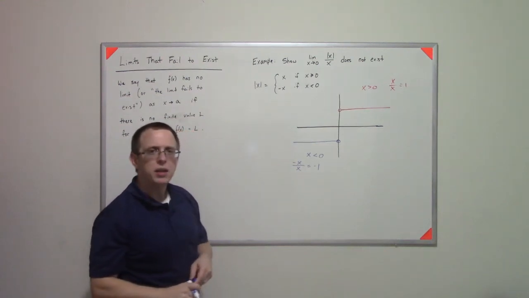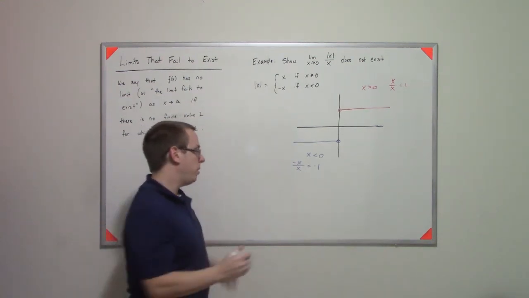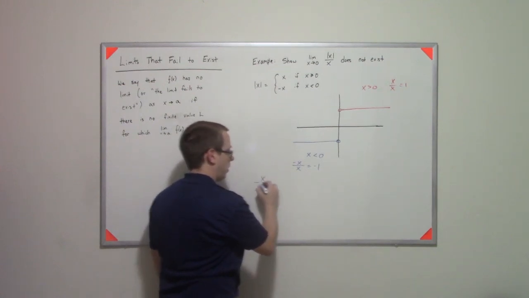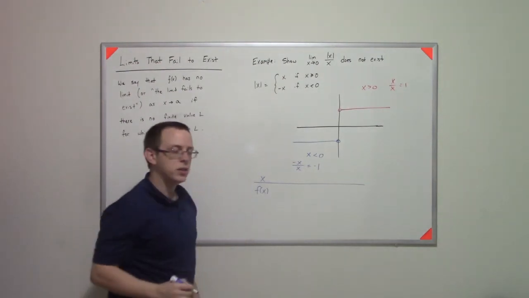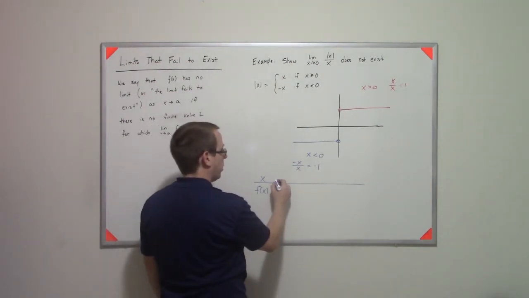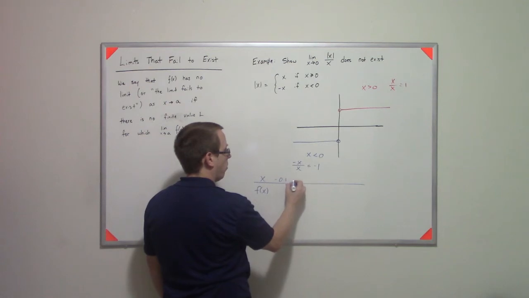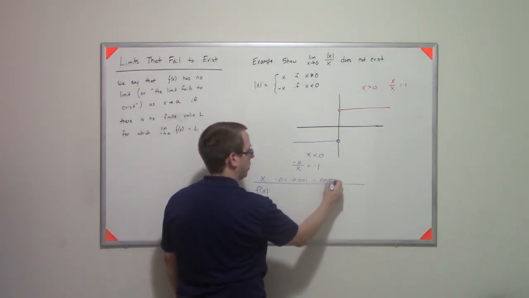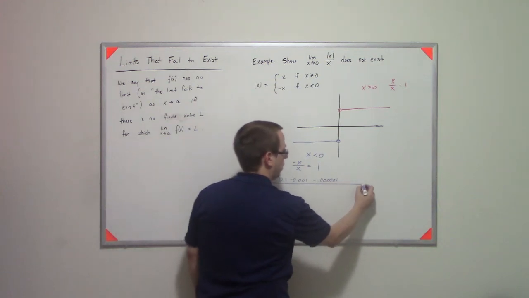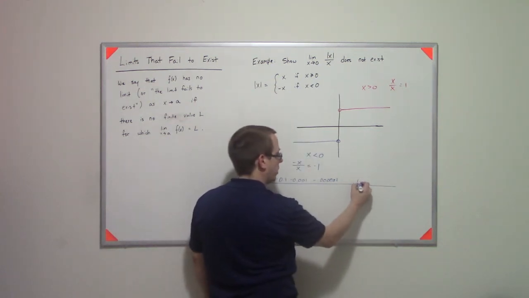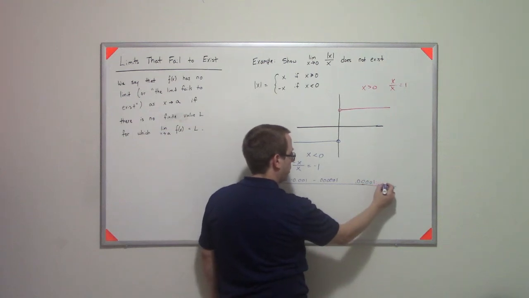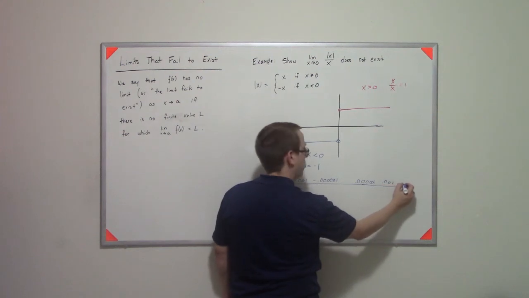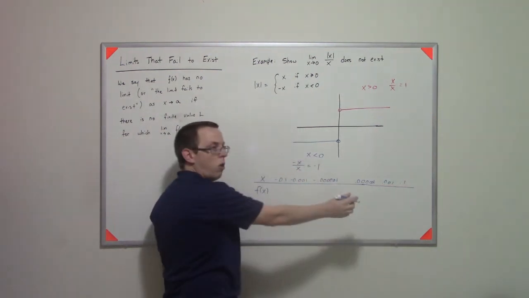So if we were going to do the limit, we could make a table of x and f of x: negative 0.1, negative 0.001, negative 0.00000001, and similarly 0.00001, 0.001, 0.1.